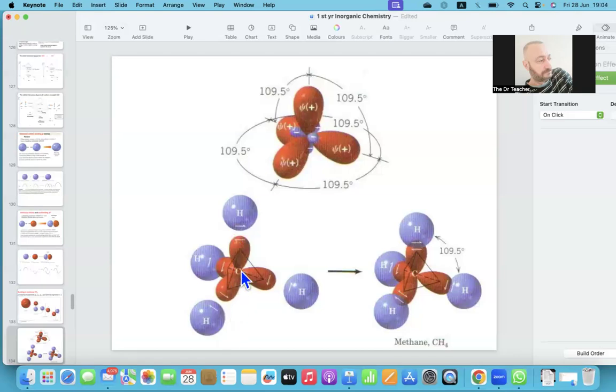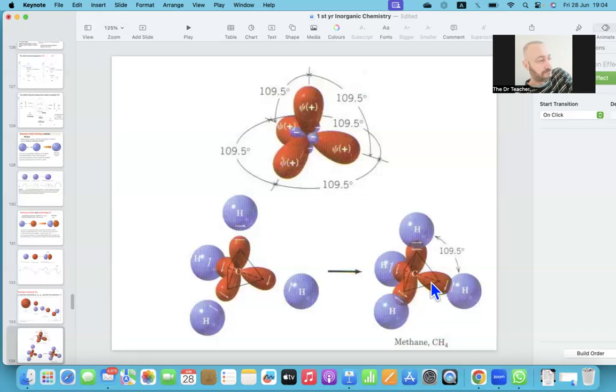And here is the carbon itself with p orbitals px, py, pz, and if we introduce 4 hydrogen atoms, the hydrogen atom's one electron can overlap with one segment, and the combination will do the bonding, the 4 single bonds.